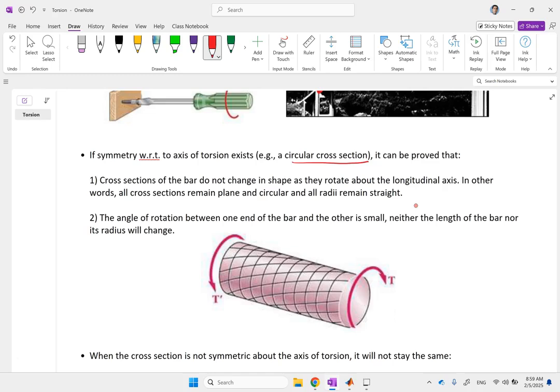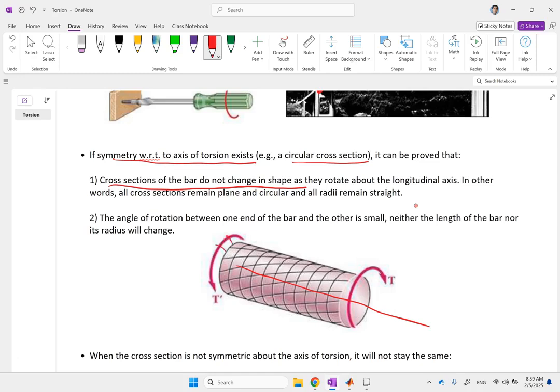You can show that if objects have cross sections that are symmetric with respect to the axis of the torsion, in this case this guy, then when the twisting happens, the cross sections do not change in shape. All it happens is they basically rotate each one about the axis of rotation with progressively bigger angles.